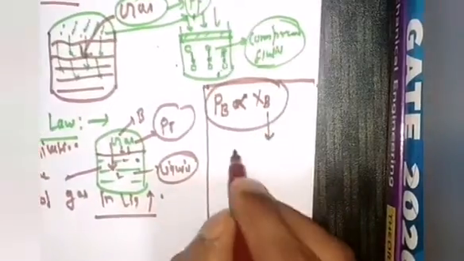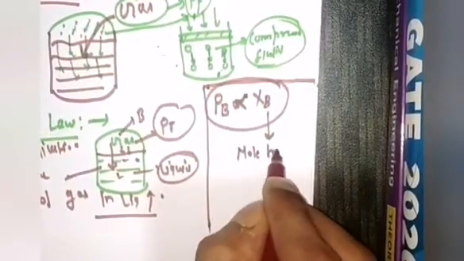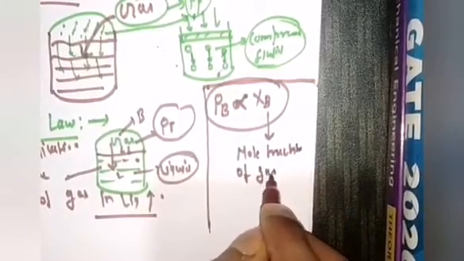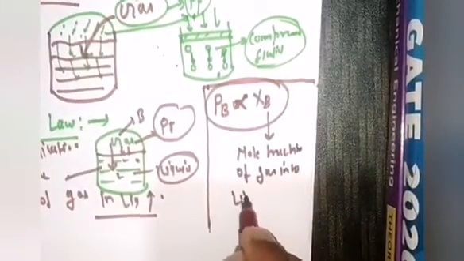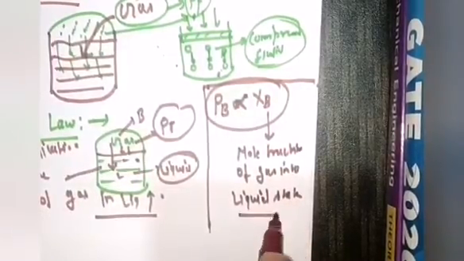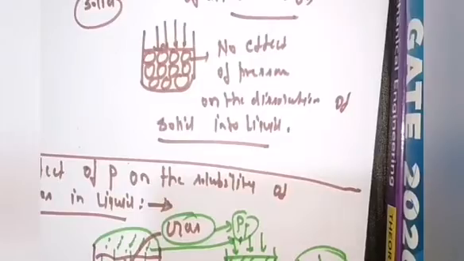XB is the mole fraction of gas in the liquid state. Okay, what is XB? The mole fraction of gas in the liquid state.